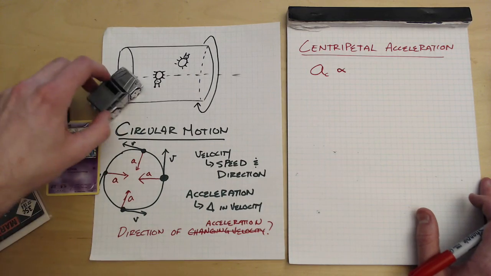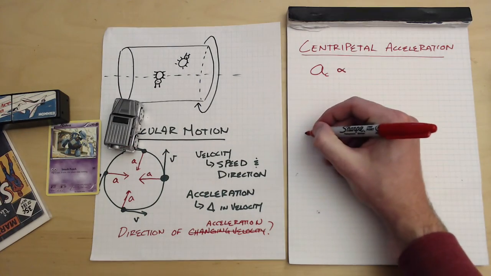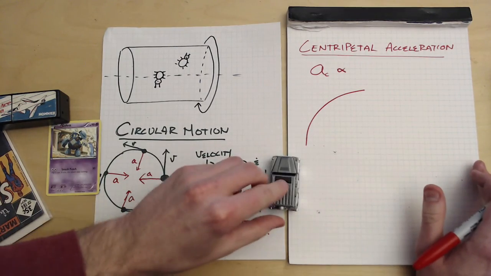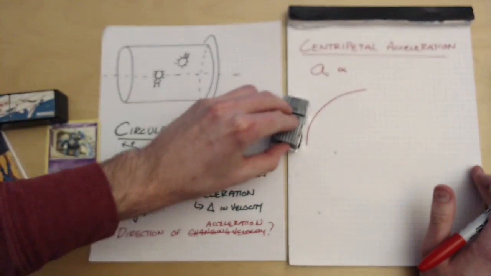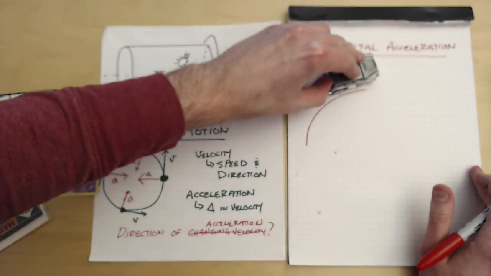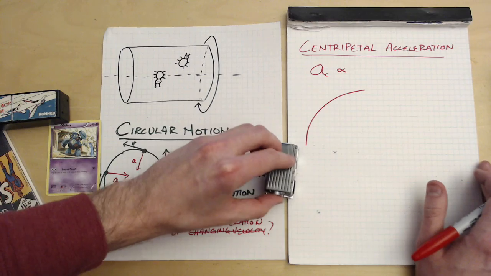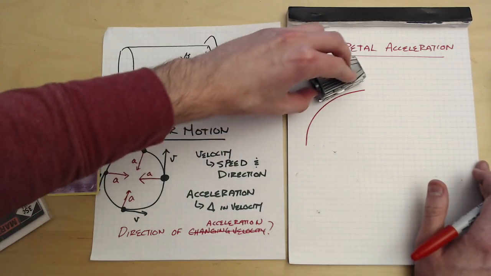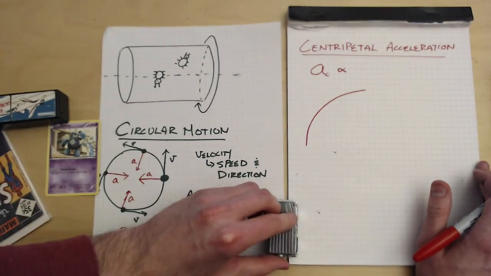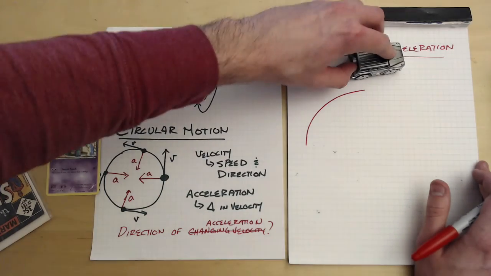Well, let's consider this. You're driving in your car. First, let's look at velocity. If you're taking a corner at a very slow speed, what are you going to feel in your car compared to if you take this corner at a very high speed?